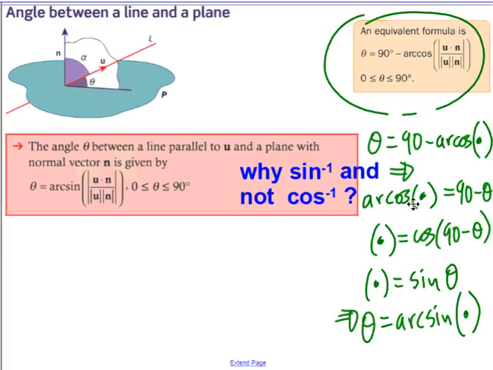Therefore, arc cos blob is 90 minus theta. Said differently, blob is cosine of 90 minus theta, but we all know cosine of 90 minus theta is sine theta. Therefore, theta is arc sine blob. What is blob? It's that thing. So that's where that formula comes from.